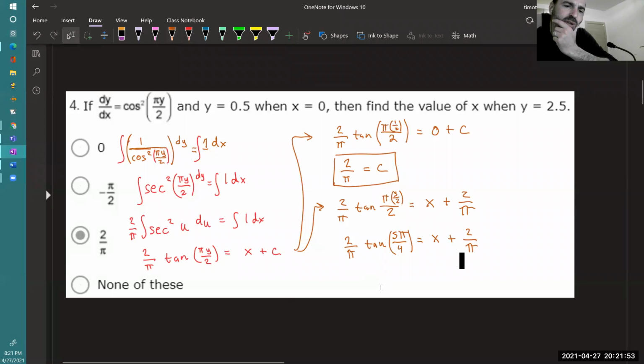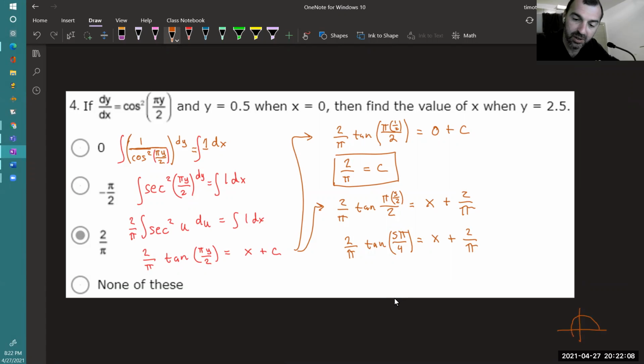Oh boy, so tangent of 5 pi over 4 is a negative 1, okay? You remember that one? No, it's a positive one. It's a positive one.